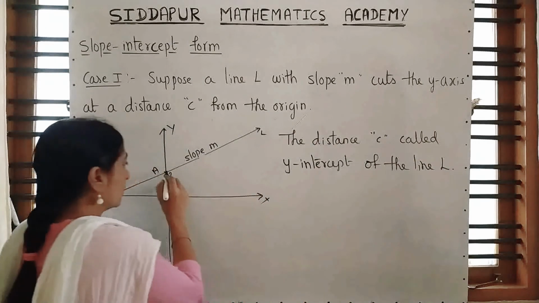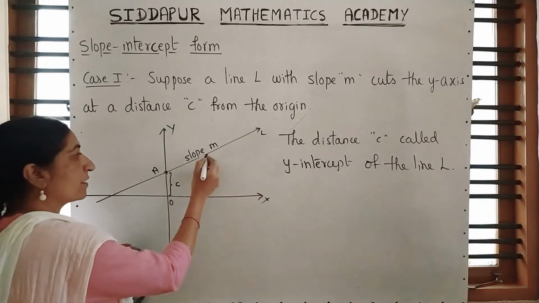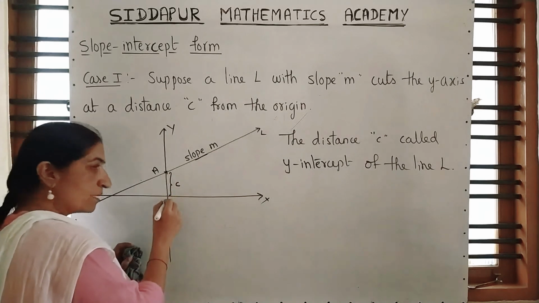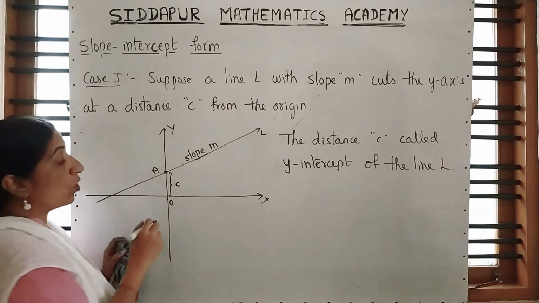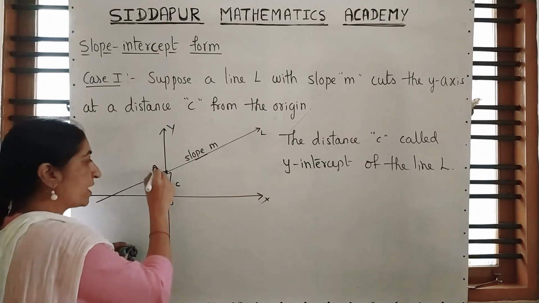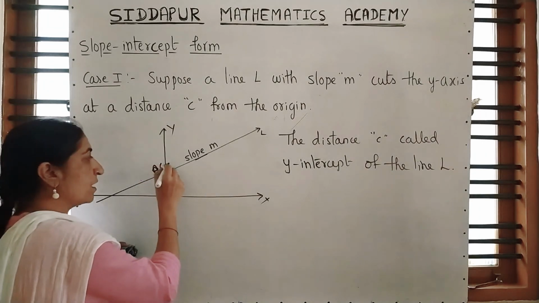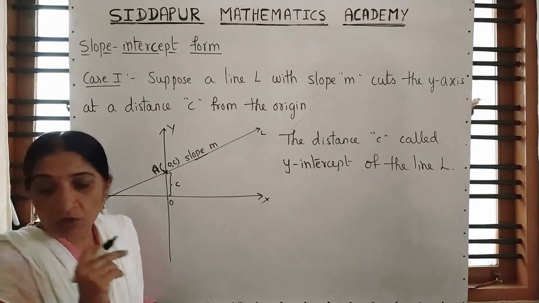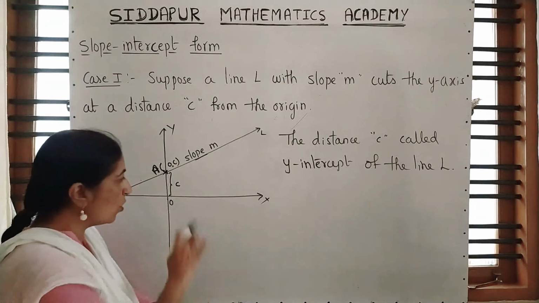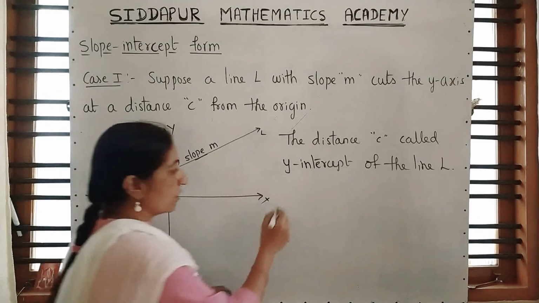Now see the point where the line cuts the y-axis, that distance is c and it is on the y-axis. Then can you tell me what are the coordinates of this point? This point I am taking as A. The coordinates are 0, c. Why? It is on the y-axis. On the y-axis x value is 0 and this distance is c.